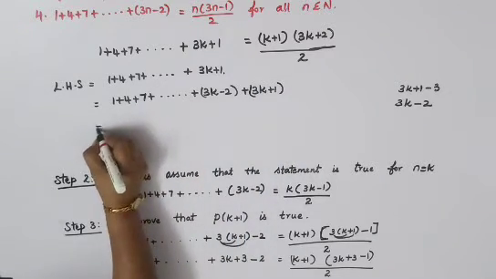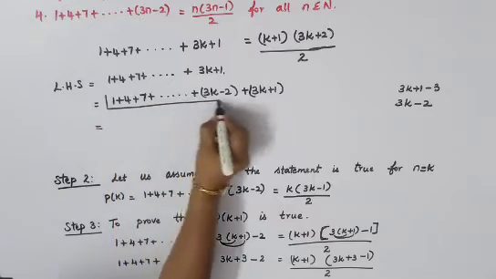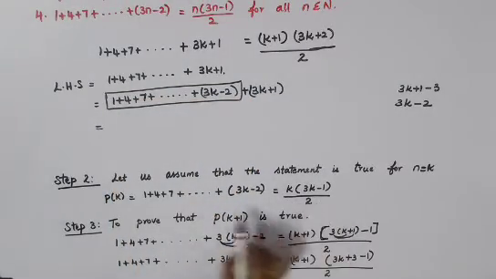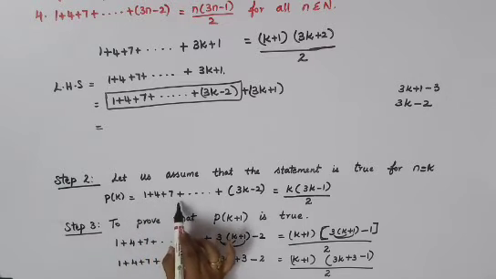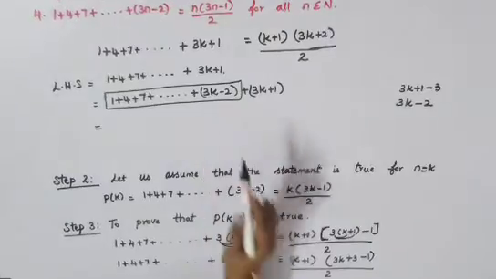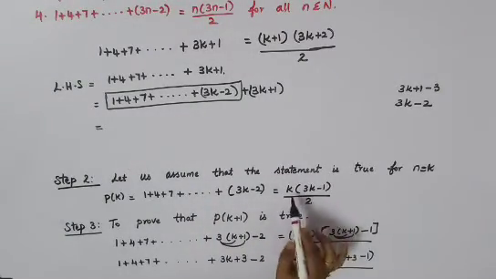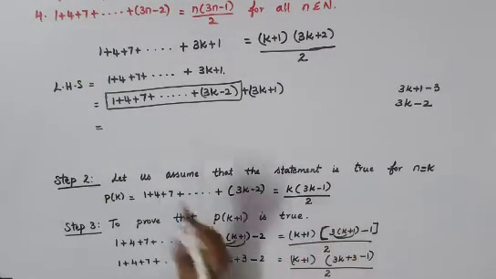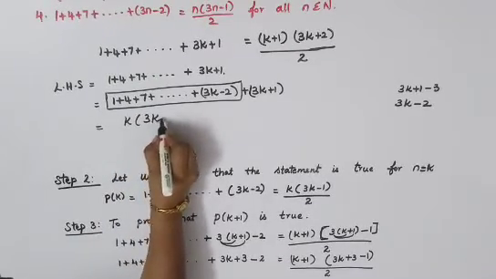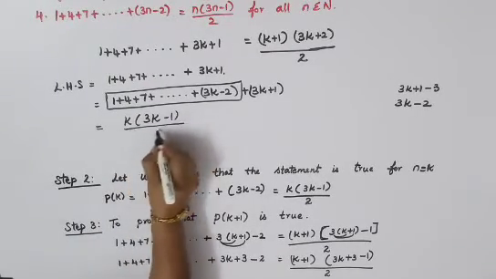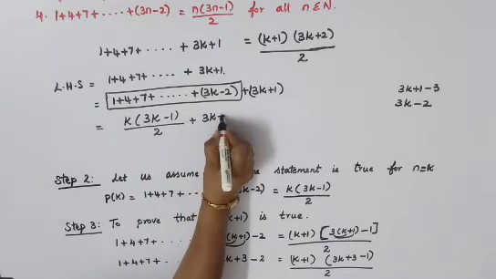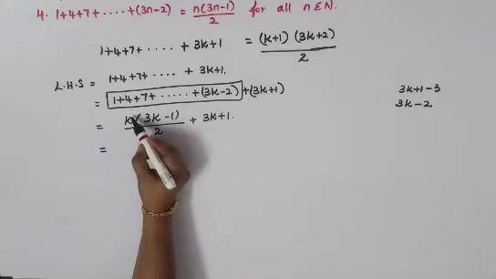So which is equal to, now you can replace the whole thing, that is you will have it in your step 2 this part. You can see, you just verify 1 plus 4 plus 7 plus etc. 3k minus 2. This whole thing will be here. So instead of that you can write k into 3k minus 1 divided by 2. So k into 3k minus 1 whole thing divided by 2 plus 3k plus 1 equal to, just multiply your k inside.